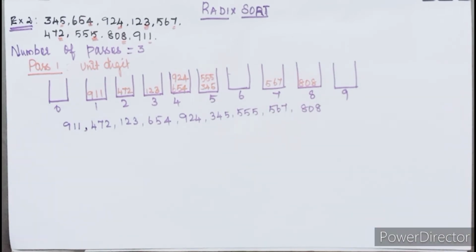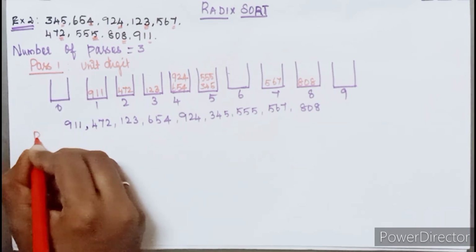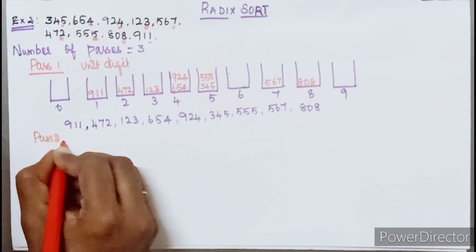So we have taken all the numbers from the buckets and written them as a list, and this list is the input for pass 2. Okay, let us start with pass 2.